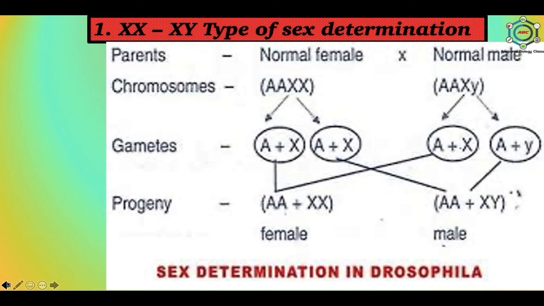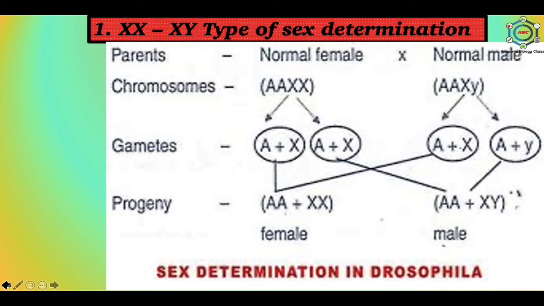This condition is called male digamety. And the Y containing sperms and the X containing sperms are respectively called androsperms and gynosperms. So the two are produced in equal proportions and the sex is determined at the time of fertilization by the kind of sperm that fuses with the ovum.